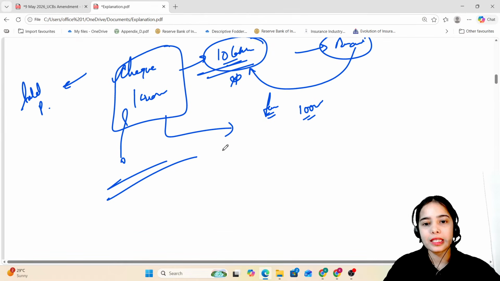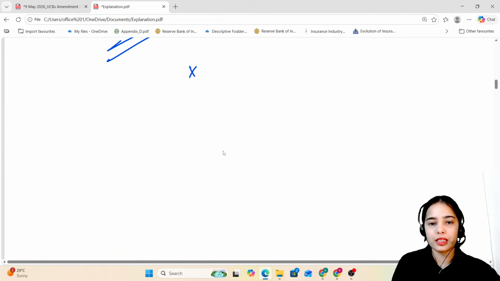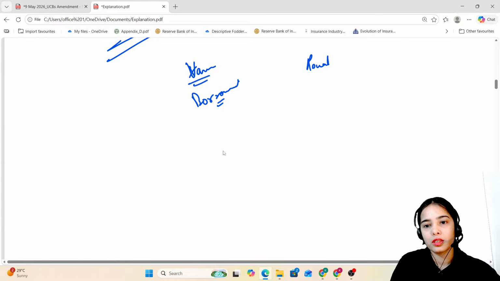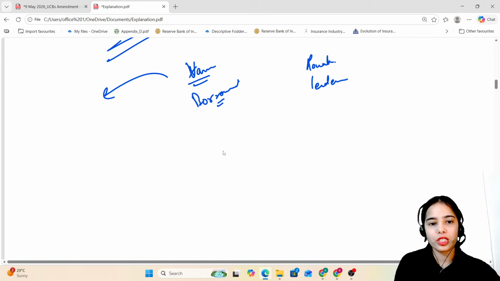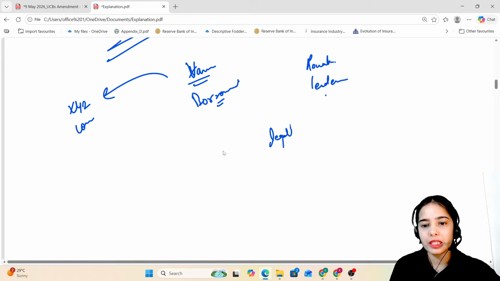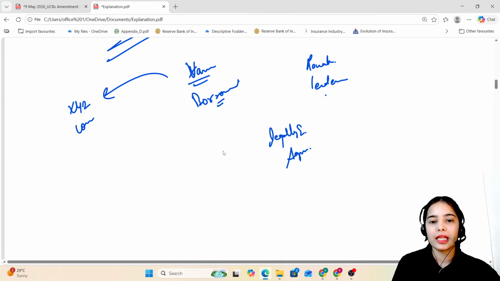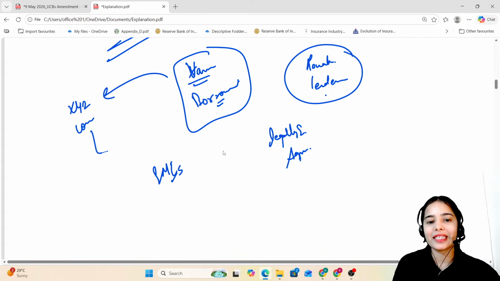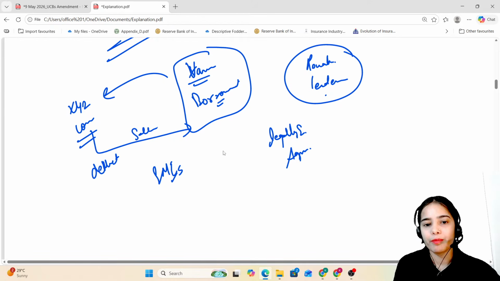So basically what this is saying is, let's say Varun is the borrower, and Ronak is the lender, and Varun is working in XYZ company. Now there is a legally enforceable agreement that the lender will get the EMIs from the salary of Varun, and the company itself will deduct the amount from the salary before giving it to Varun.